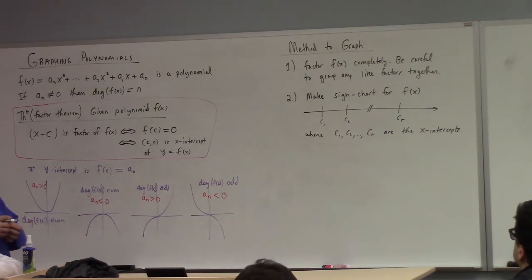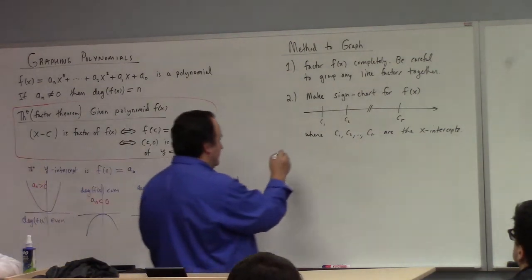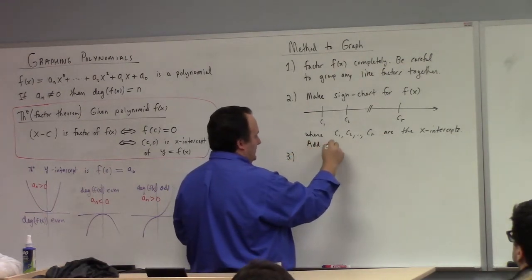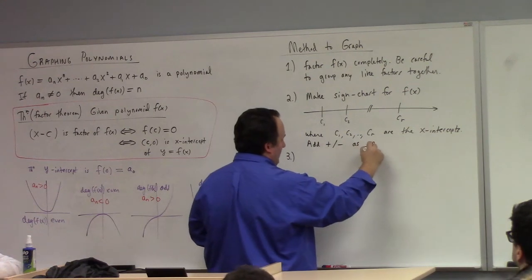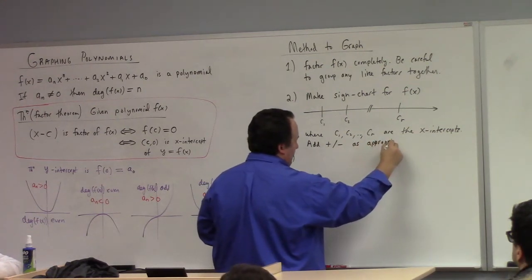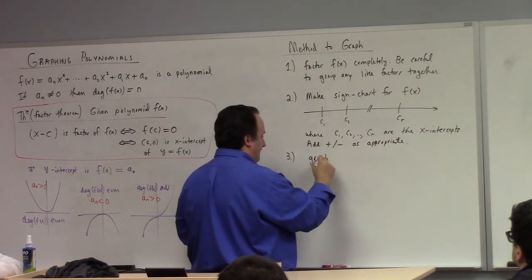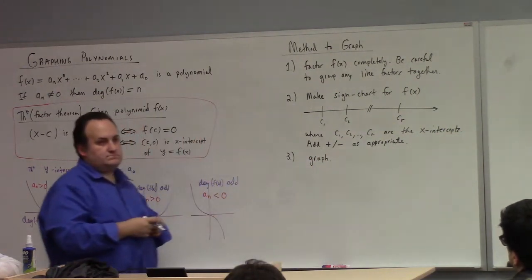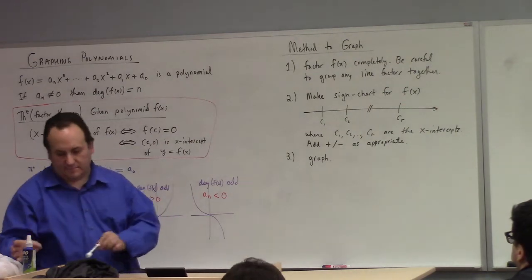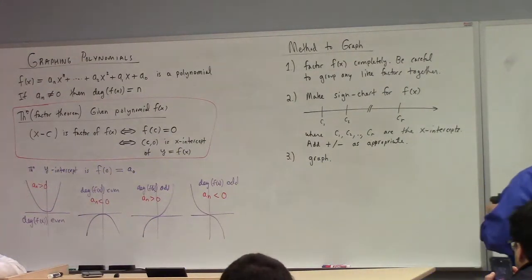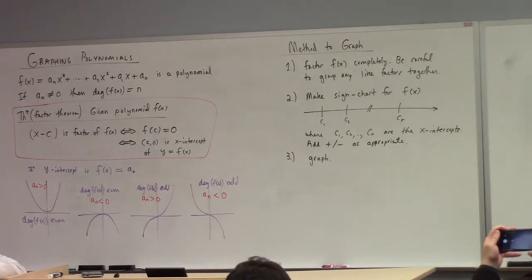And then step 3, oh, and then of course you have to add pluses and minuses as appropriate. We've already talked about that. And then 3 is graph. So that's the method. Because you asked about that, Francisco, I will make my first example involve that issue.